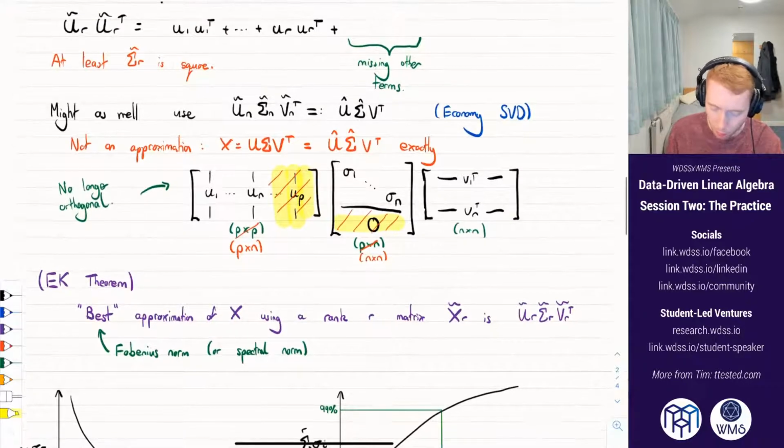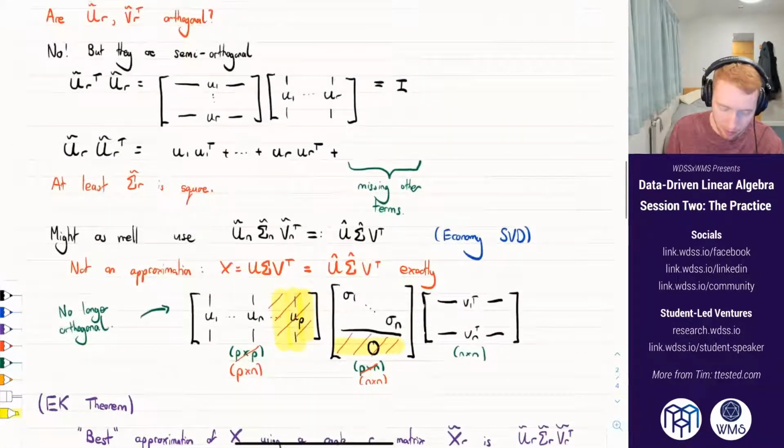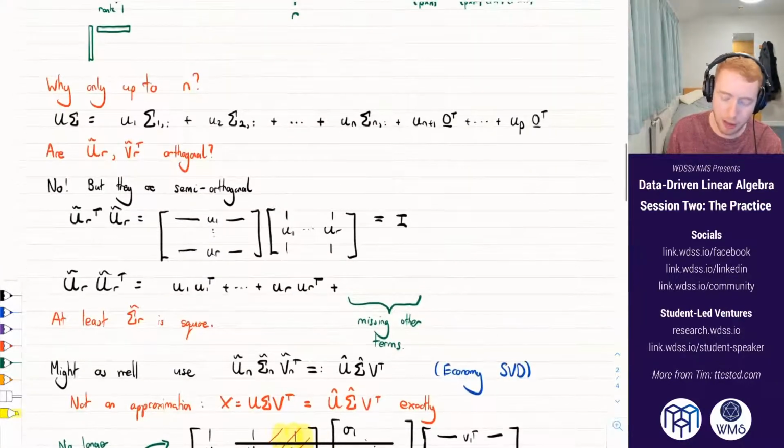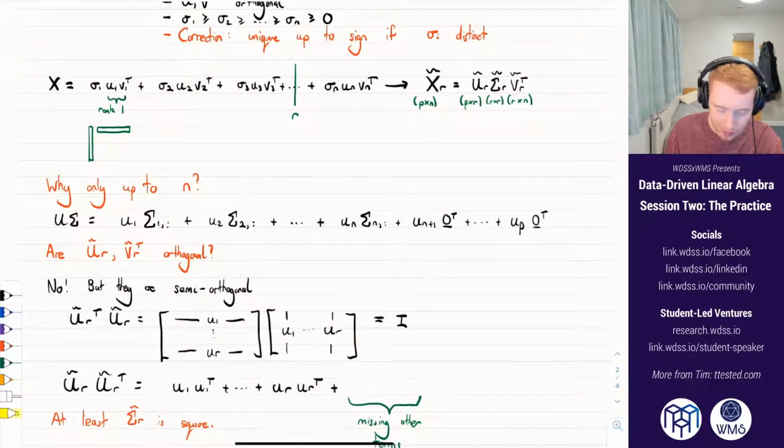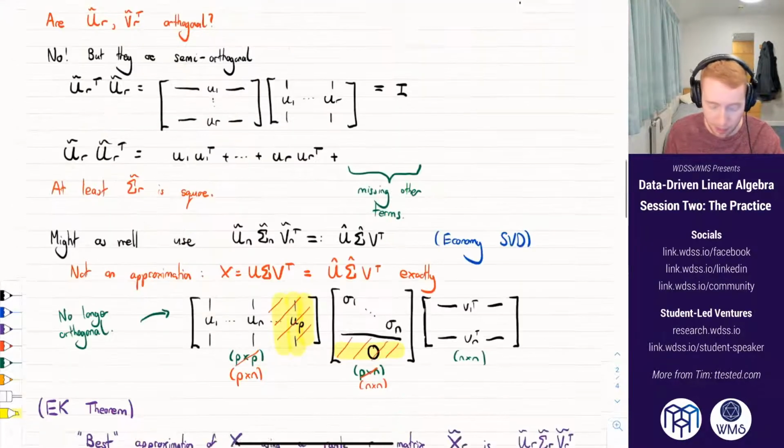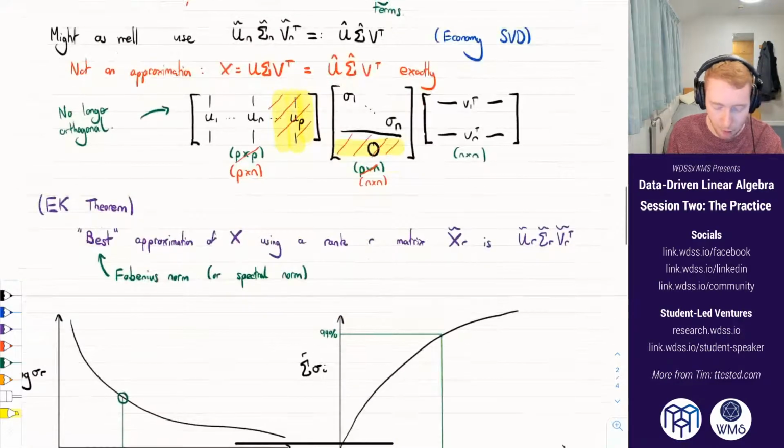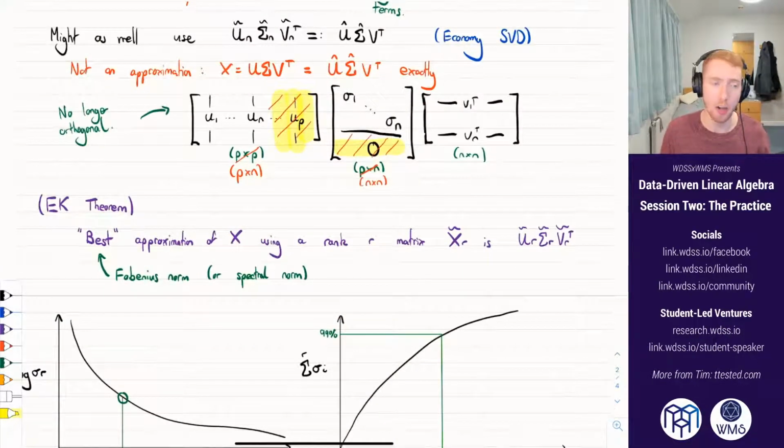We were talking about this low-rank approximation being a good thing to do. It turns out it's actually the best thing to do. We looked at the Eckart-Young theorem, which said that this approximation, cutting off at a certain point R using the SVD, is in fact the best approximation we can make of X using a rank R matrix.